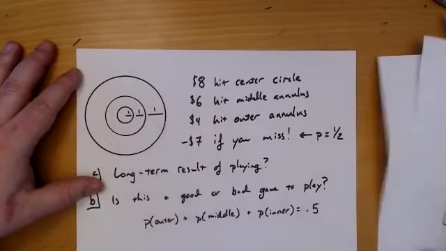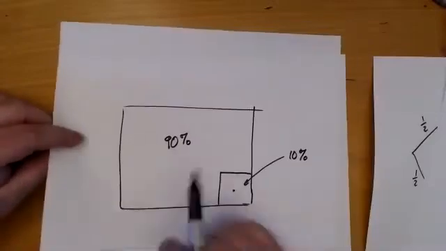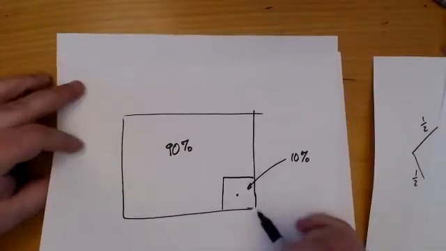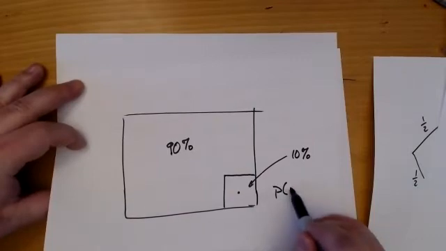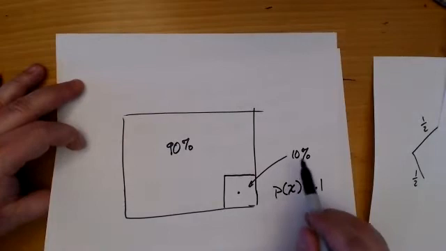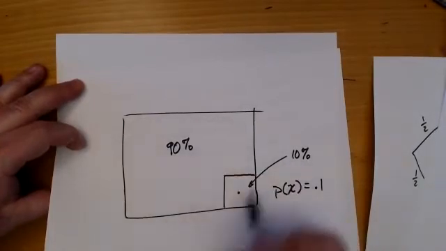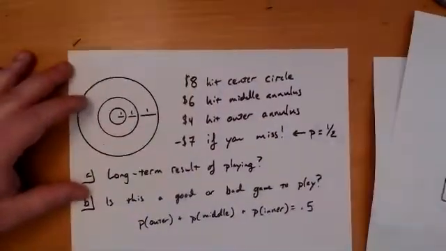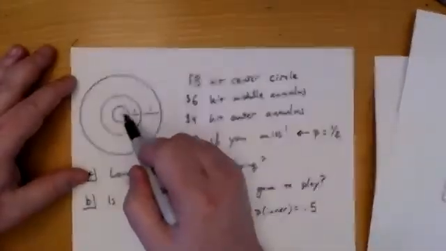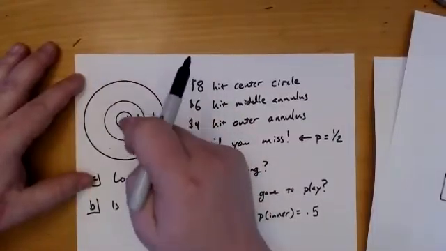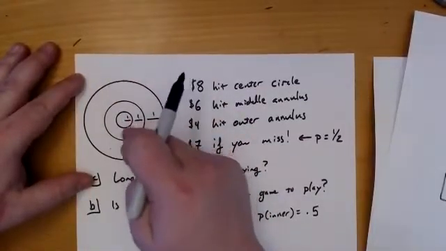Well, let's go back here. The odds of me landing here were 10%. The probability of x was equal to 0.1 because it was 10% of the overall area. So the question is, what is the percentage of the overall area that's in the inner bullseye region?